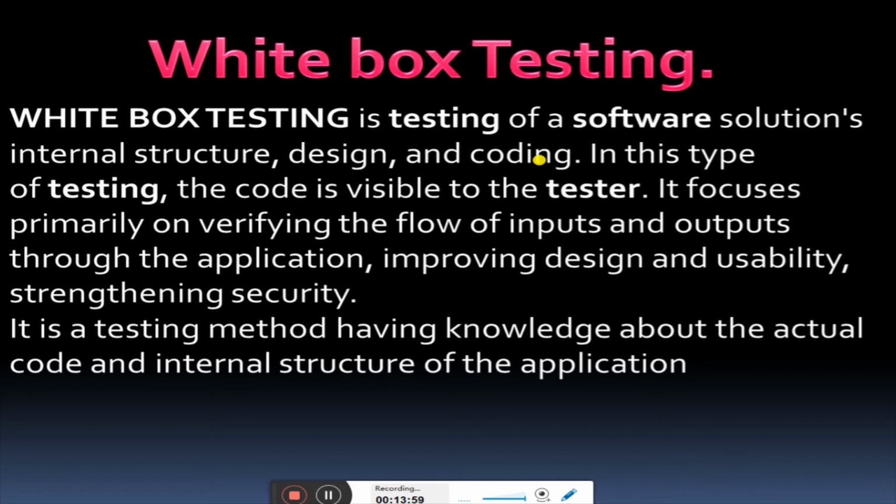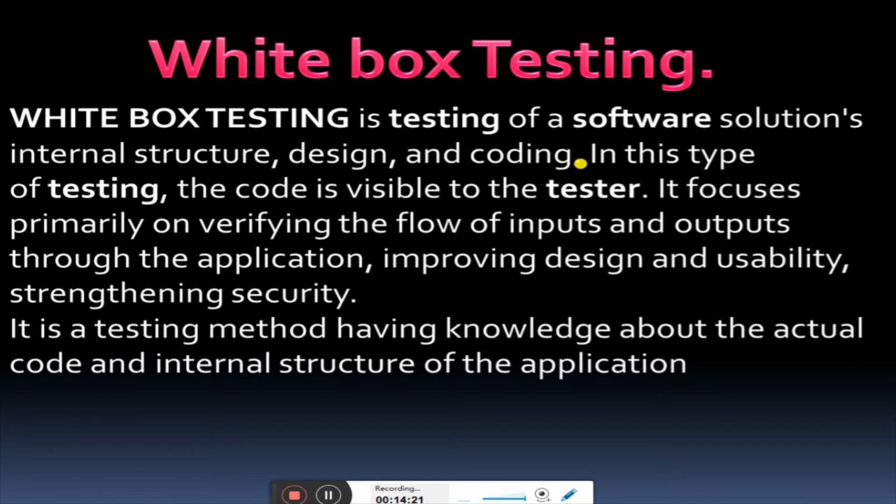But white box testing is totally opposite of black box testing. In white box testing internal structure will be tested, designs will be tested and coding will be very clearly inspected.